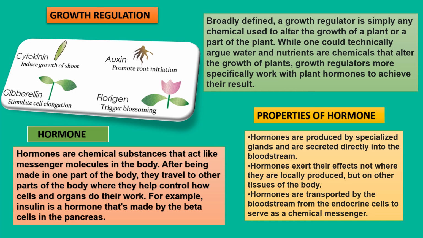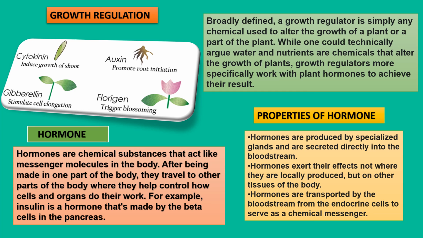Now, what are the properties of hormone? Hormones are produced by specialized glands and are secreted directly into the bloodstream. Second one, hormones exert their effects not where they are locally produced. This is a very important point.